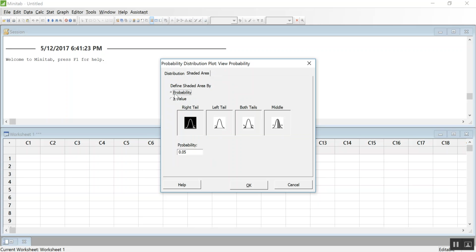Its default is to be on Probability, which is where I know the probability. I'm going to input it, and the computer is going to output to me the score or the value I'm interested in. Notice the probabilities always appear above the graph for all these options. We don't have that. We have particular values we want to know the probability of.